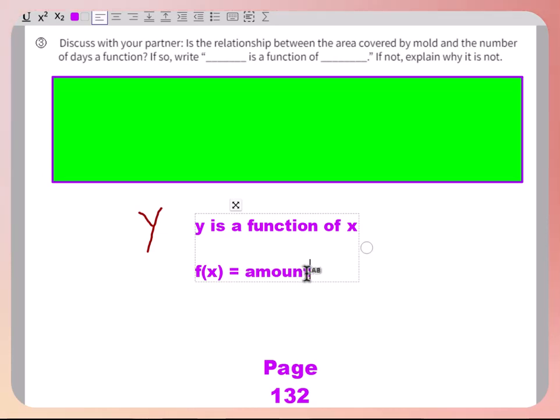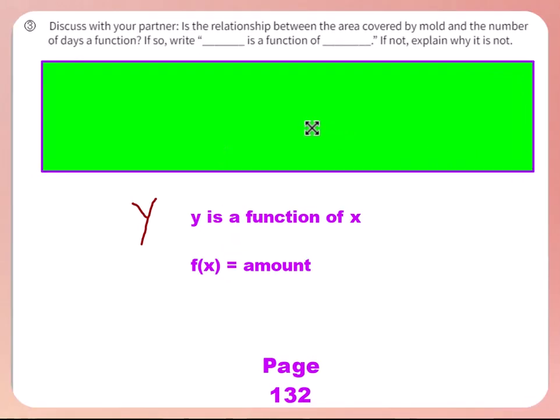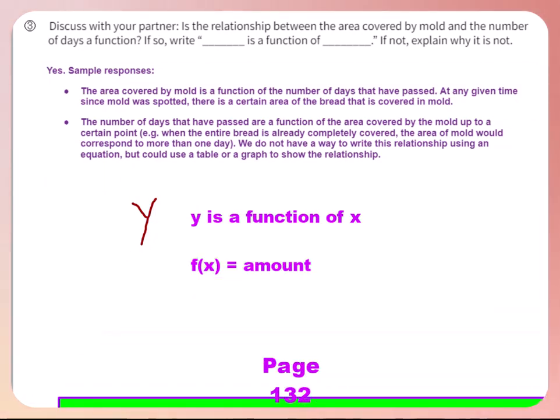Okay, we usually have an expression, an equation that you insert x into to find your total amount. So y, f of x can be called y. Y is always a function of the input x. All right, the area covered by mold, the output, is a function of time. Y is a function of x.